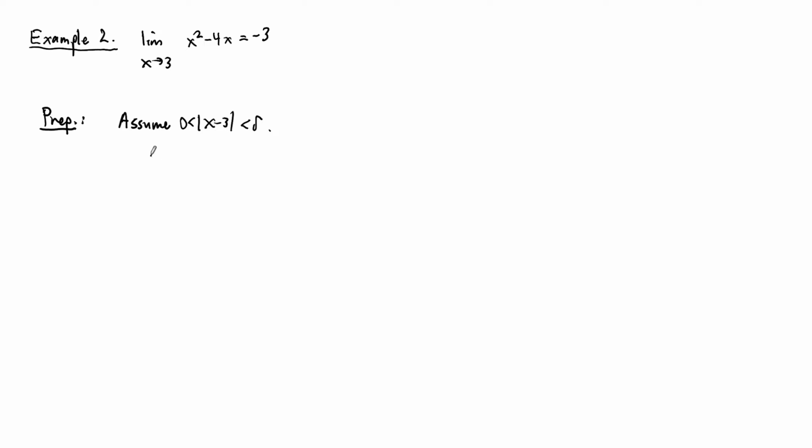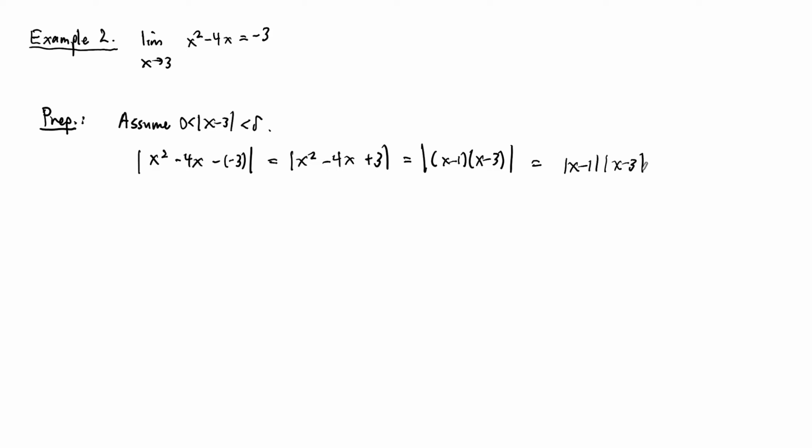We're going to have to compute x squared minus 4x minus negative 3, arrange this and then actually factor it. So this becomes x squared minus 4x plus 3, which factors to x minus 1 times x minus 3, and absolute values can distribute over this, so this becomes the absolute value of x minus 1 times the absolute value of x minus 3.